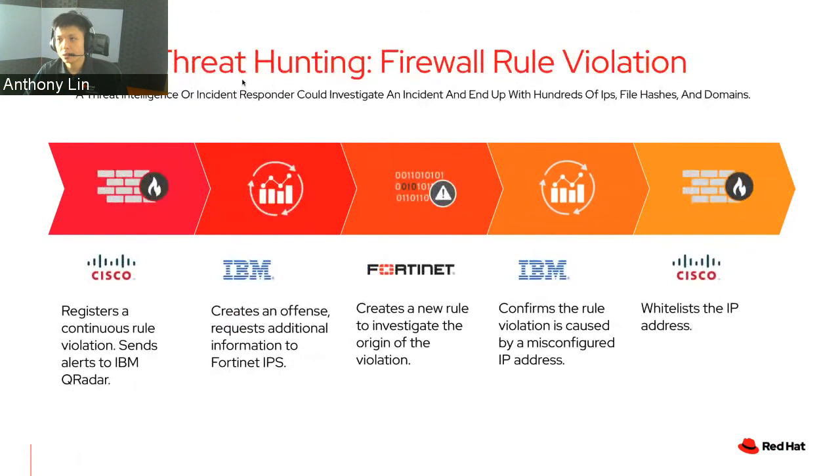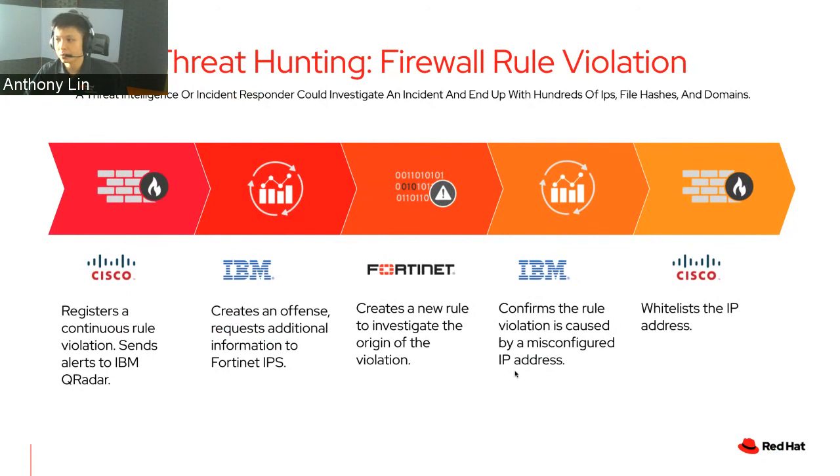We can help with threat hunting as well. For instance, Cisco Firepower registers a continuous rule violation. You can send an alert to IBM QRadar, whereby QRadar can then create an offense and request additional information from the Fortinet IPS. The IPS can then create a new rule to investigate what is going on.